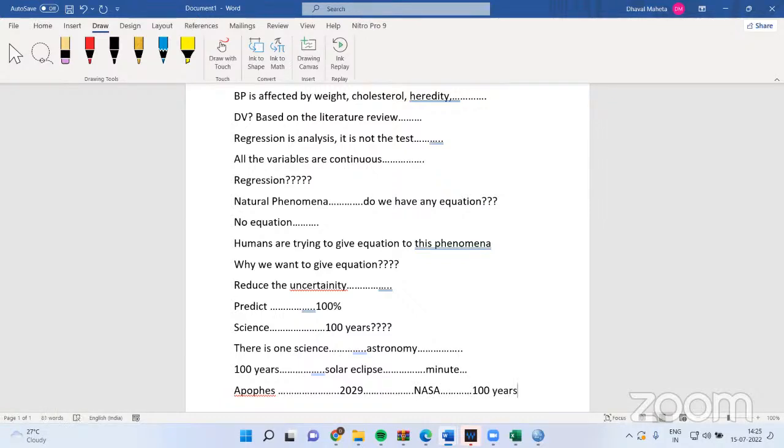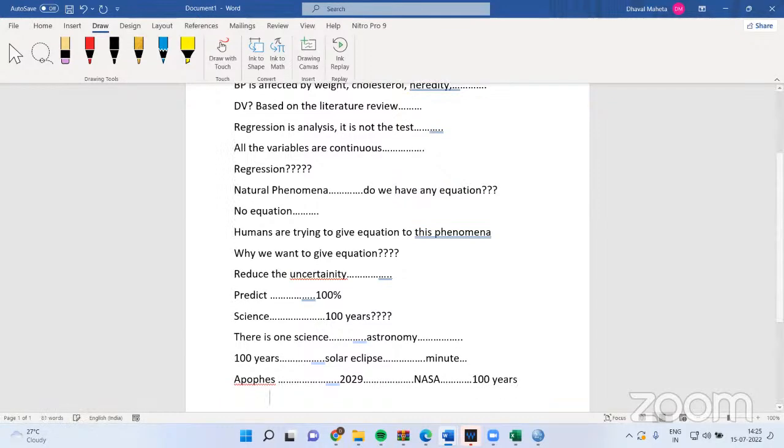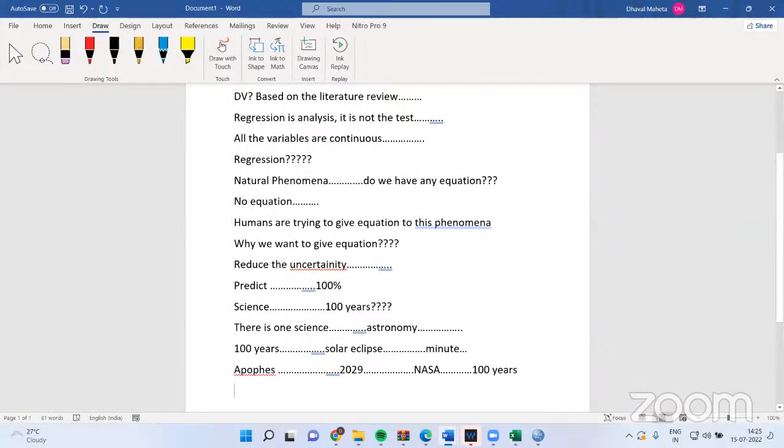If this meteoroid enters the atmosphere of the Earth, it can cause an extinction just like the dinosaurs. It is so big. Okay, no need to worry. The news is good, so you can have a nice cup of tea. For the next 100 years, we are safe.